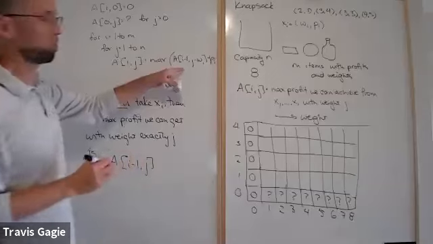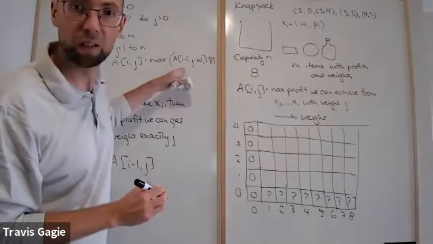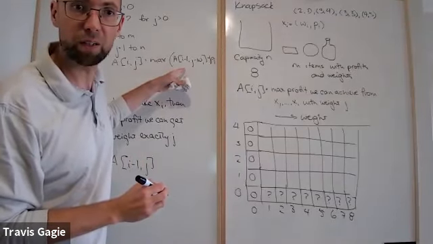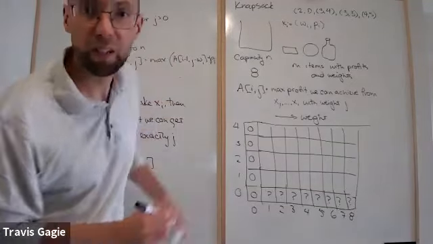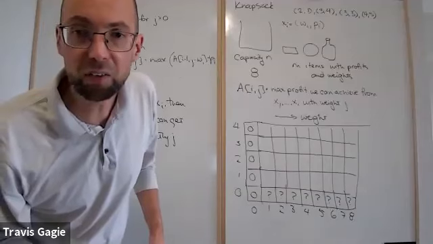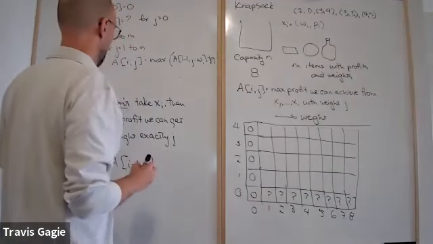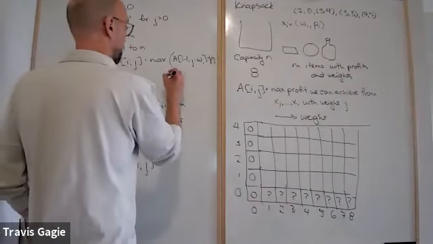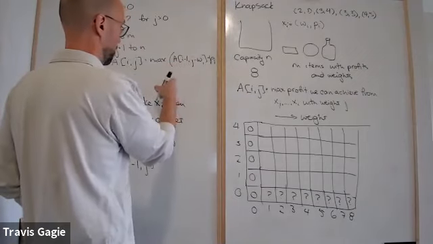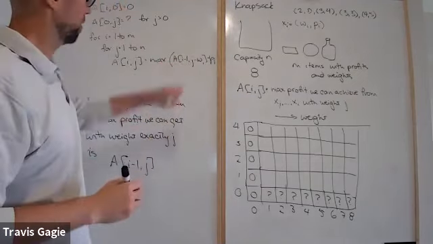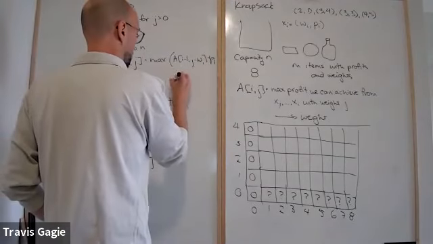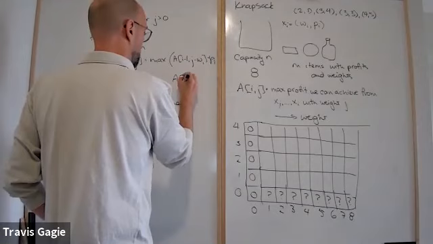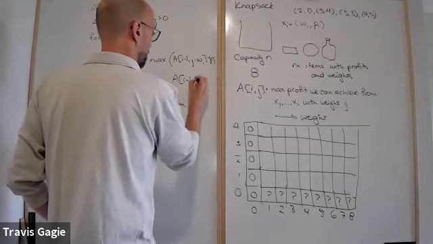Can you read this, or is it too small? Is anybody there? Two people disappeared. Good, readable, yes, okay. Or the other thing we can take is we decide, so this is, you say, well, this is if you take it and you can get more, and then the other thing is you don't take it, and you can get A(i-1), j.